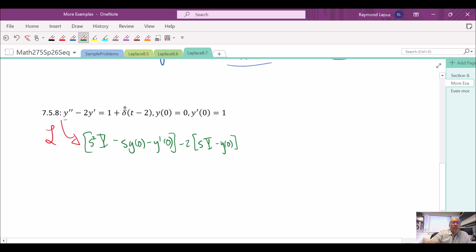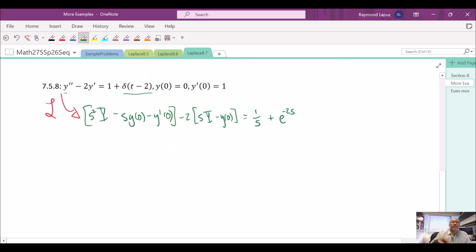Well, and then we have 1. That's 1 over s. And then a shift, e to the negative 2s.